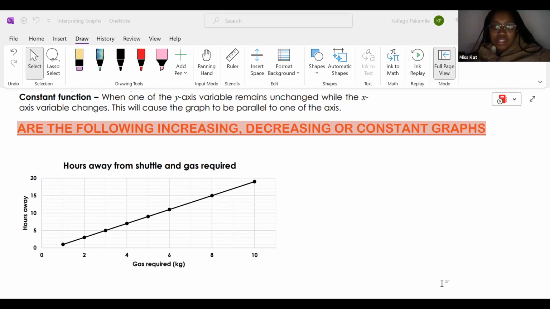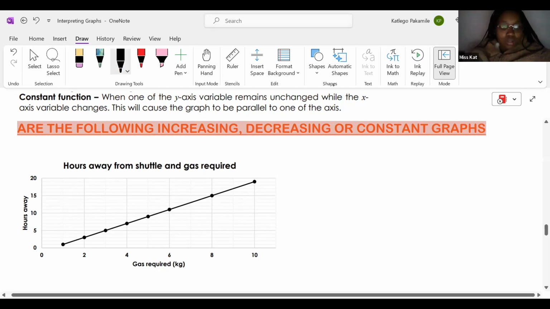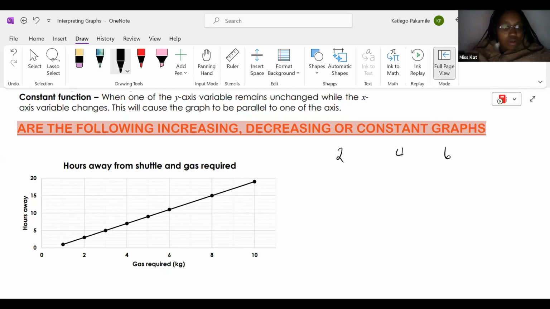Okay, this is easy enough to tell, right? So we look from left to right, as if you're looking from your 0 going on to right. As I said, if you want to do this using points, you can as well. From 2 to 4 to 6, right? So at 2, we needed about how much?